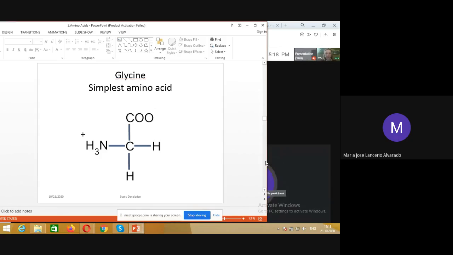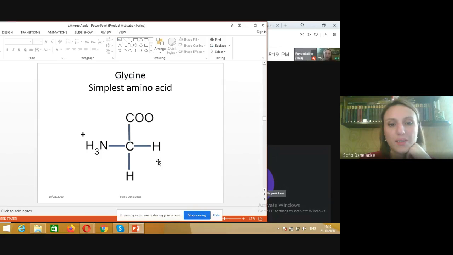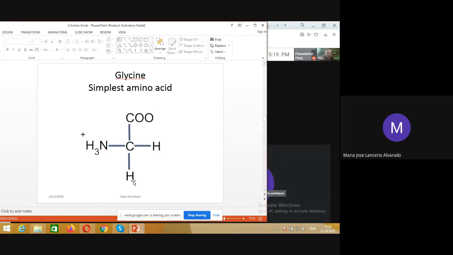Yes, this part is the same, but this R chain is different. It's the simplest. Why? Because the side chain is just one atom of hydrogen. That's why glycine is optically inactive. Yes, it has no optical properties.